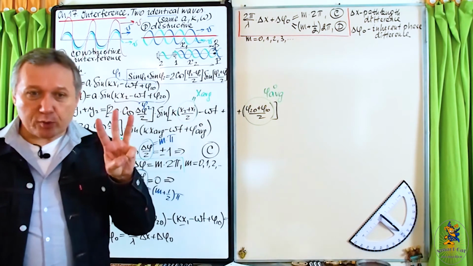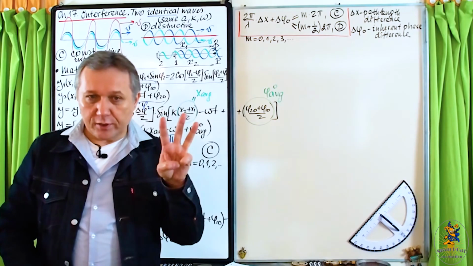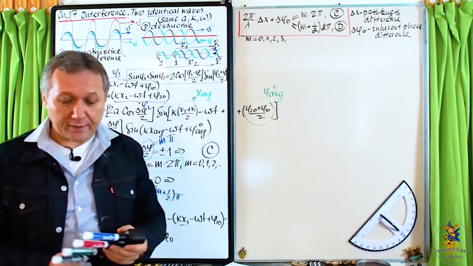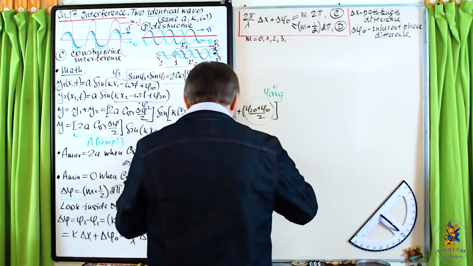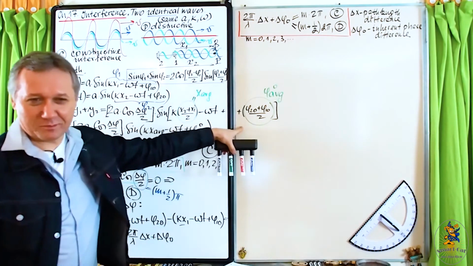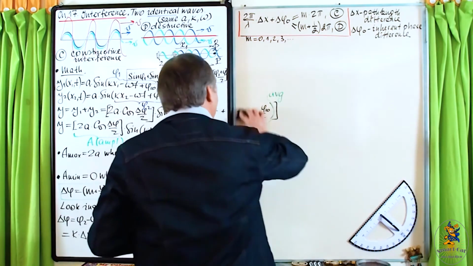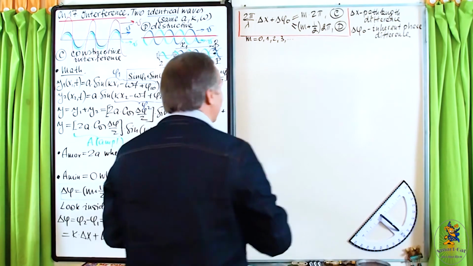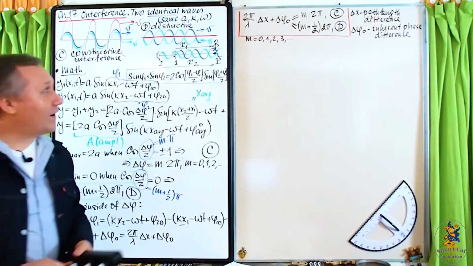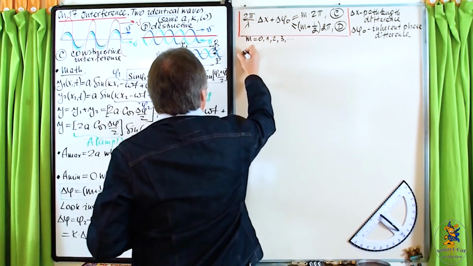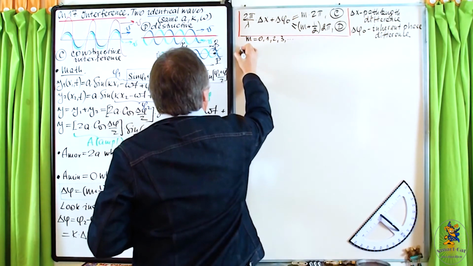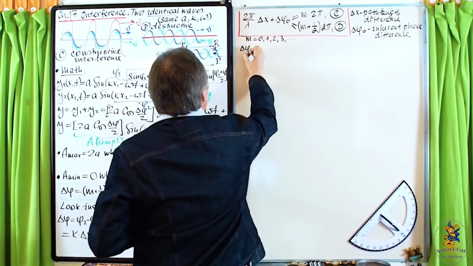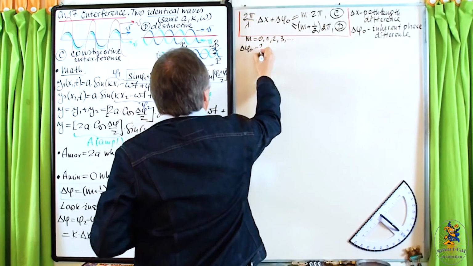Most of the time in the problems, we're going to see three situations for delta phi naught. Which are those? You know, it's time to erase this appendix. Okay, you have it. Now we don't have it. So delta phi naught, maybe I will write delta phi naught and put a question mark.